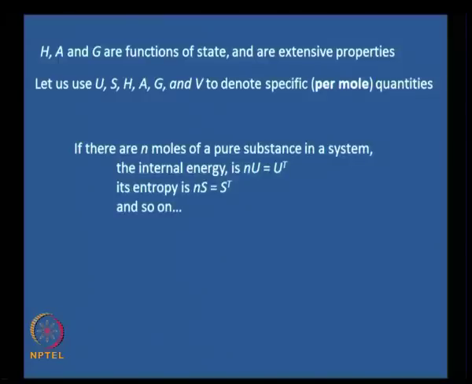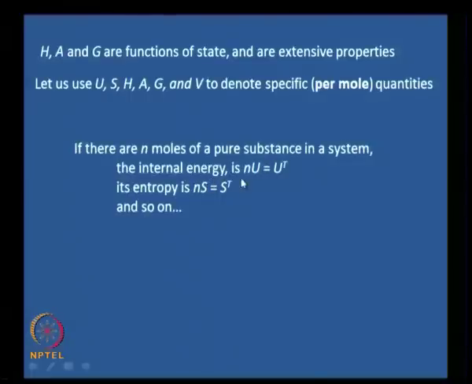Let us first consider a pure substance, and let us say that there are n moles of the pure substance in the system. Then, since we know that the internal energy is an extensive property, the total internal energy would be n times U, the number of moles times the internal energy per mole, which can also be represented as U superscript t, which is what we are going to use in this course.